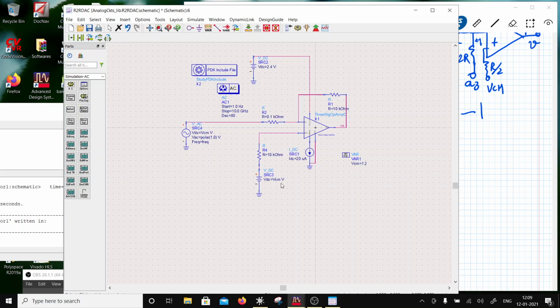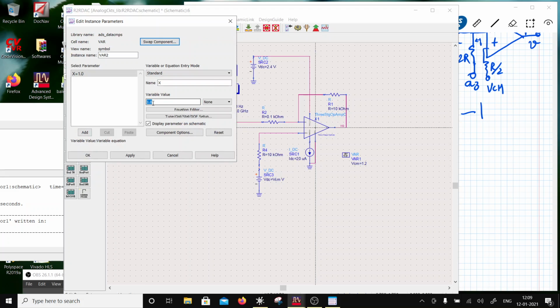So this is common mode, and let's put here a variable called RS. RS value I'm putting somewhere around 1K, around 1 kilo ohm. Apply.